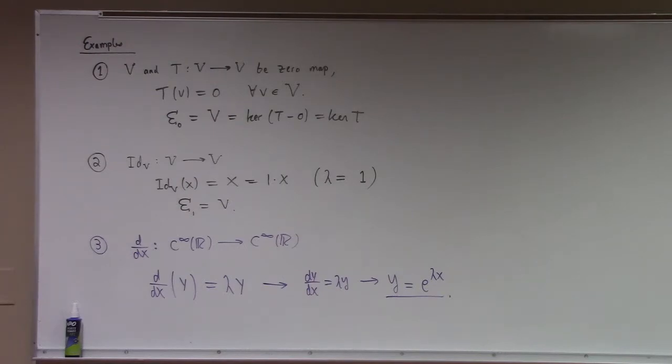But anyway, what lambda is allowed here? 1, 2, 3, 4, pi, square root of 2. Anything, right? So any real number is an eigenvalue of the differentiation operator, right? That's very different than examples 1 and 2. Okay.